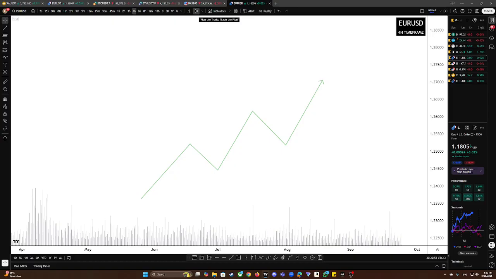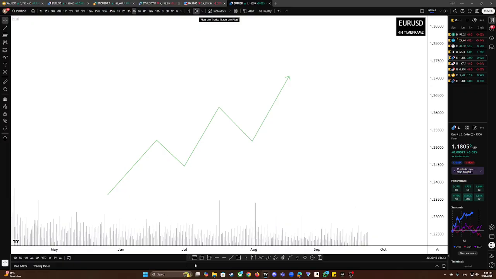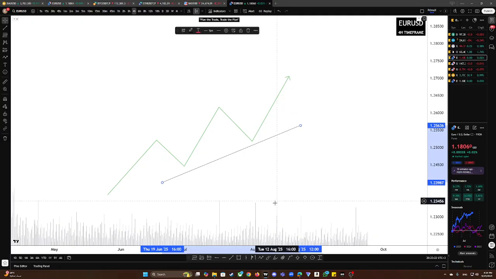So what is a Fibonacci? We all know that trends are usually happening in the financial markets, and markets usually trend to the upside, where we can identify it easily by just pulling a trend line and recognizing that the trend line is pointing to the upside.